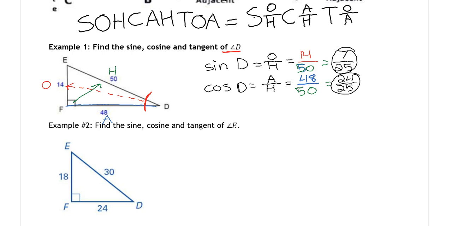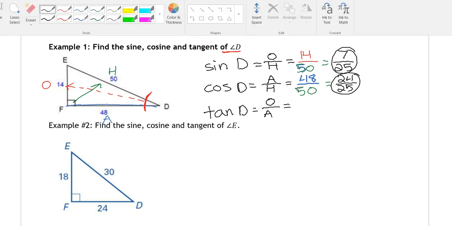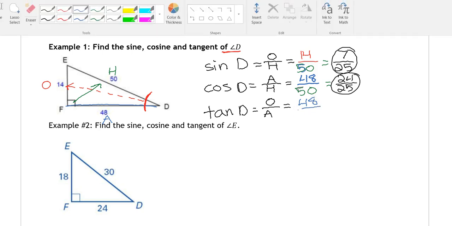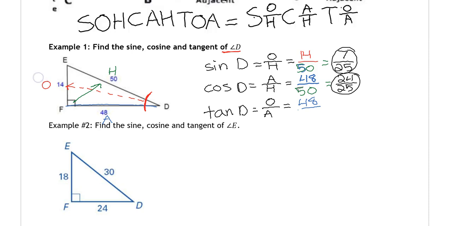And then finally, our last trig ratio is tangent. So the tangent of D equals O over A. My opposite side is 48. Sorry, that's wrong. Don't listen to me. My opposite side, O, is 14.